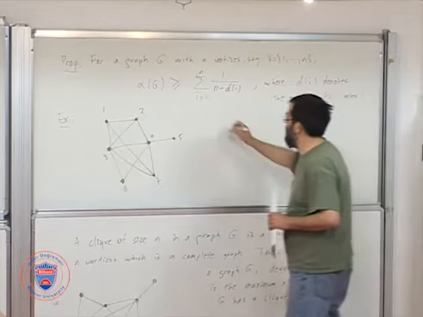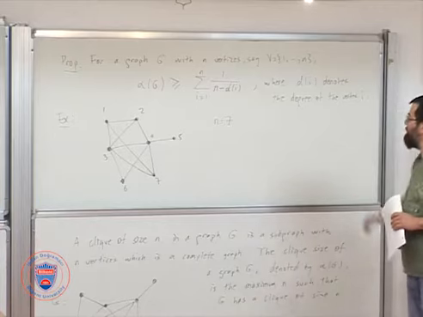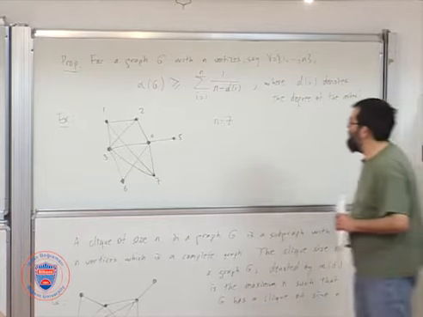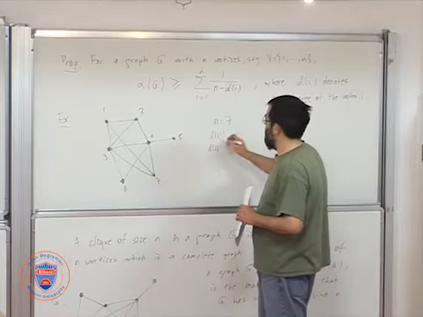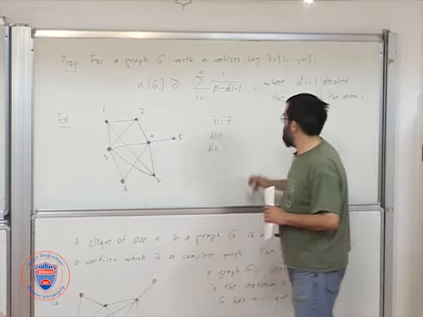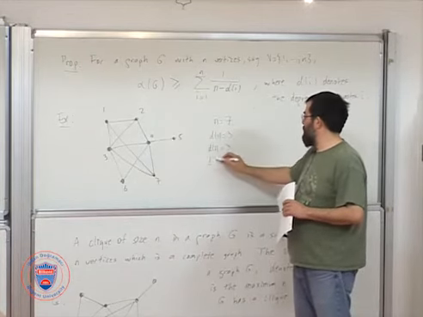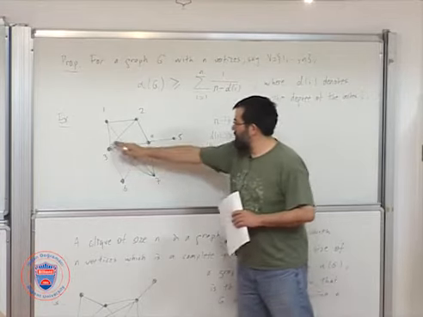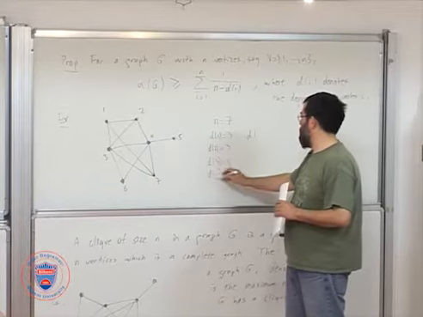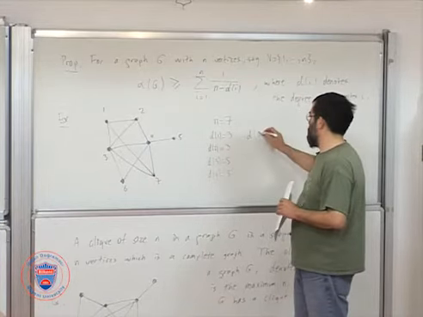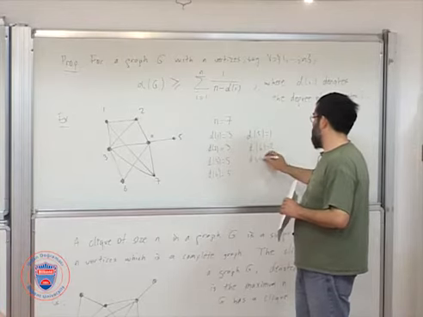It has n equals 7, so it has 7 vertices. And you can calculate the degree at each vertex by looking at how many edges are attached to it. So degree at 1 is 3, degree at 2 is 3, degree at 3, you just count these, 5. Degree at 4, 5, degree of 5 is 1, degree of 6 is 2, degree of 7 is 3.